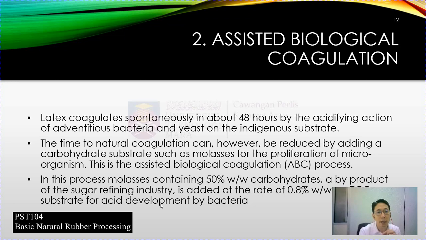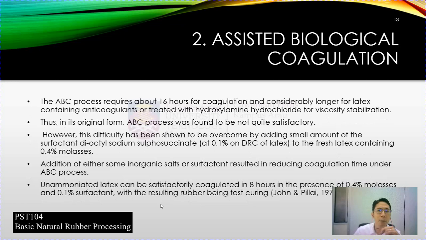As we know, the higher the carbohydrate, the better the growth of the bacteria itself. The ABC process requires about 16 hours for coagulation, and considerably longer for latex containing anticoagulant or treated with hydroxylamine hydrochloride for viscosity stabilization. Thus, in its original form, the ABC process was found to be not quite satisfactory.